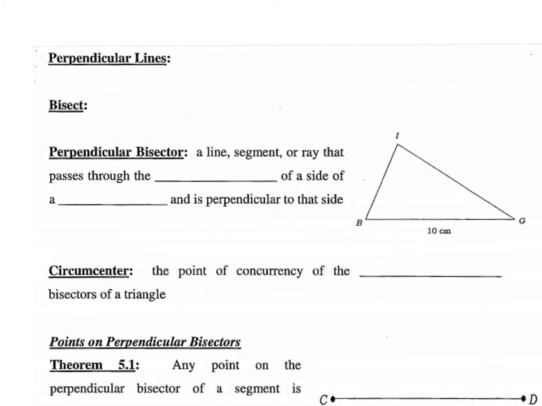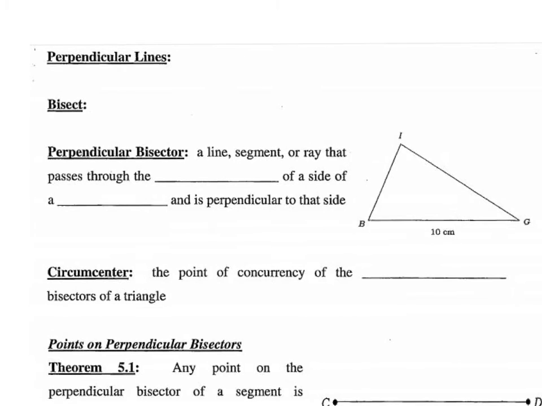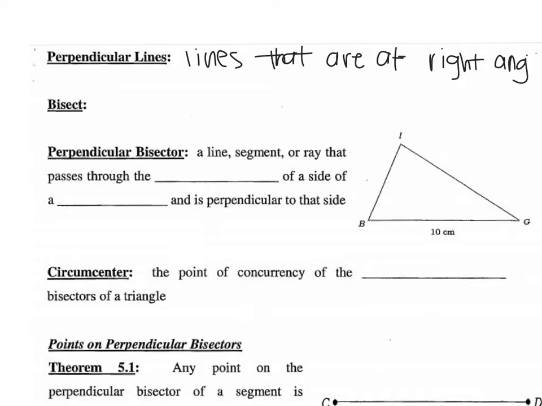Lastly, we want to talk about perpendicular bisectors. So first, let's review what perpendicular lines are and what it means for something to bisect. So remember, perpendicular lines are lines that are at right angles. We have two lines that intersect to form 4 right angles.